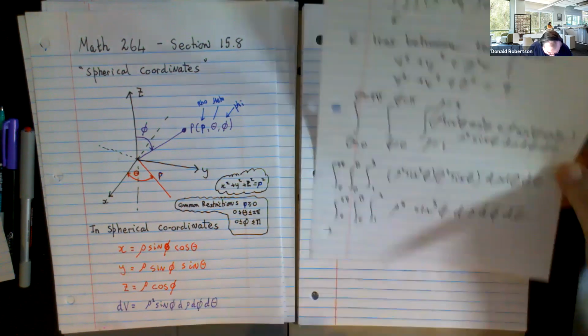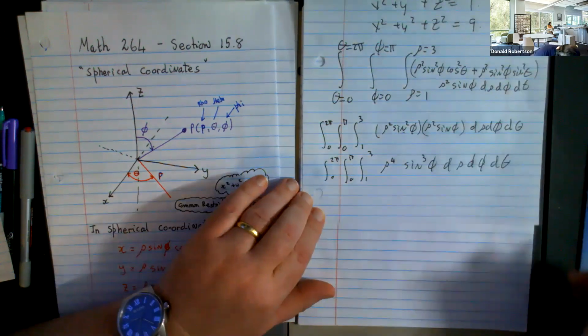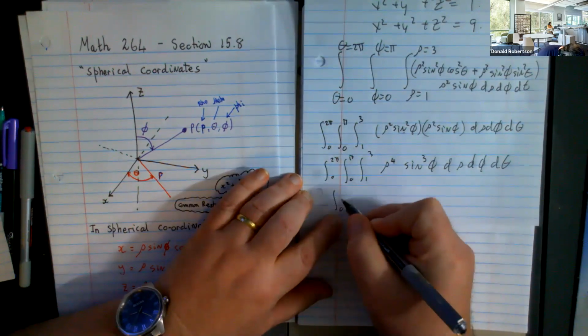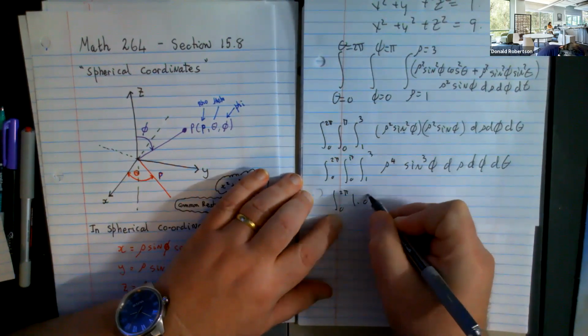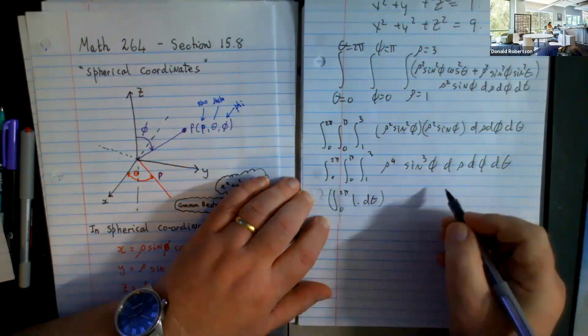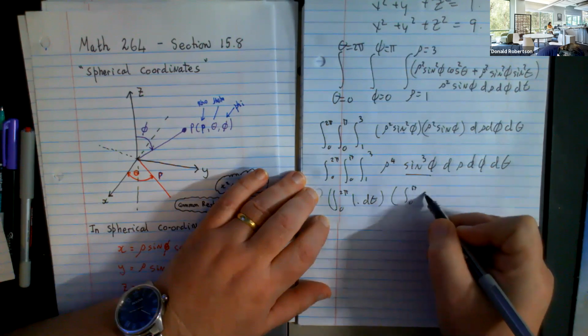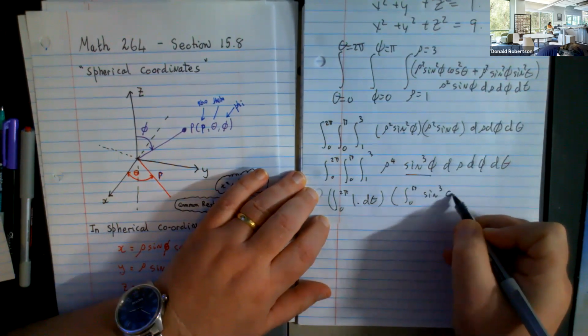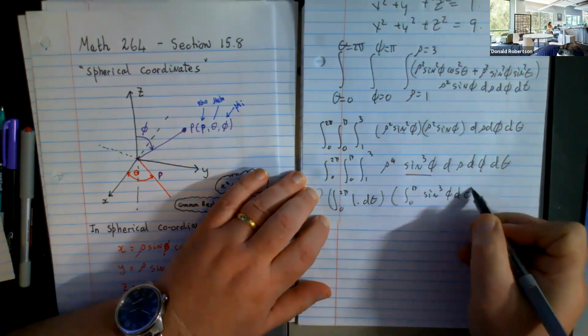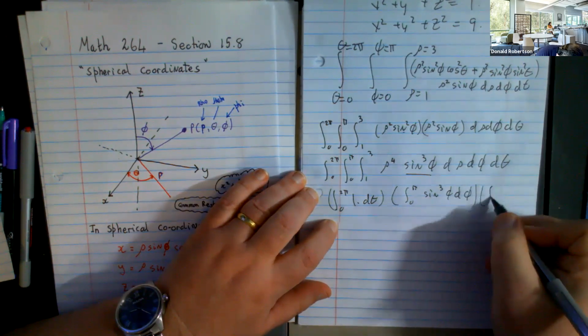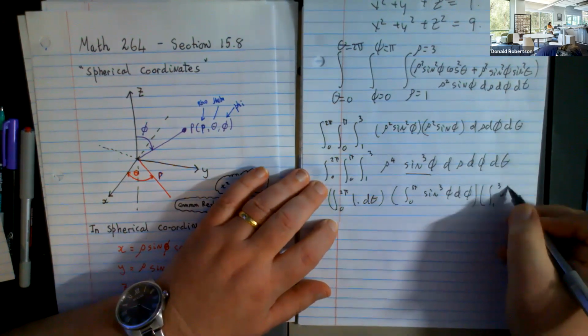Variable separable again. There are no thetas, so 1 d theta. This guy, and I hope I got the right version of this fella.